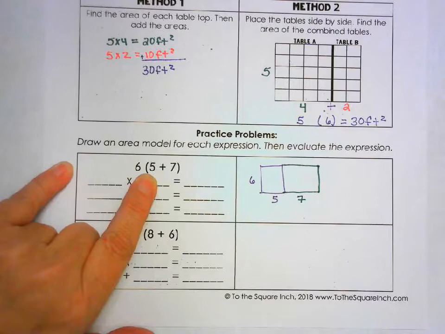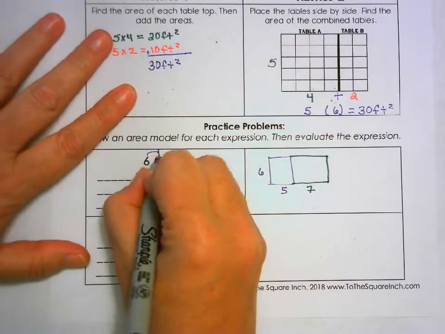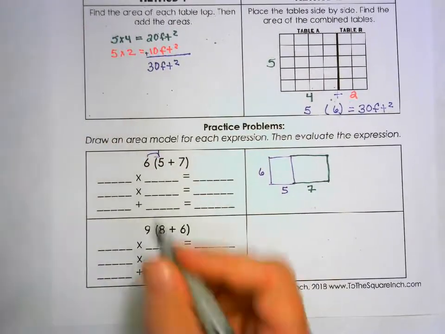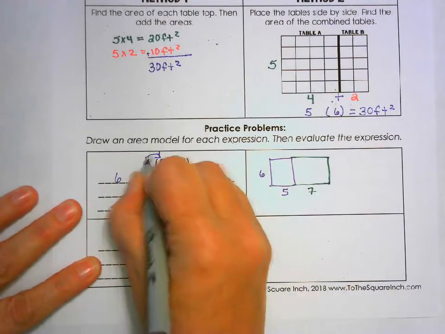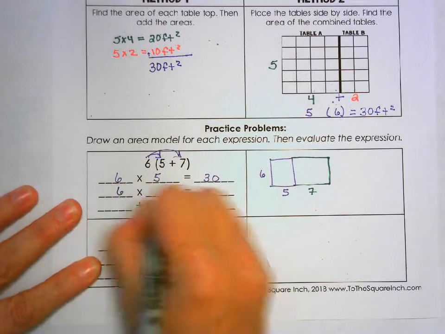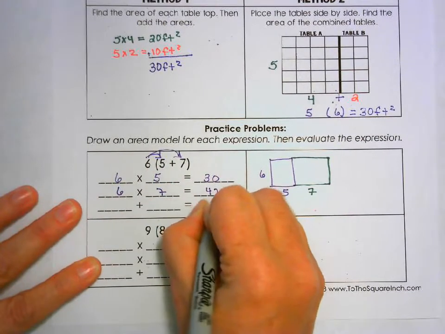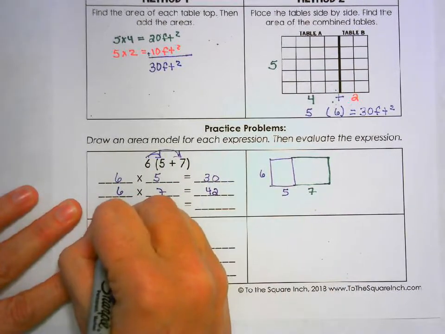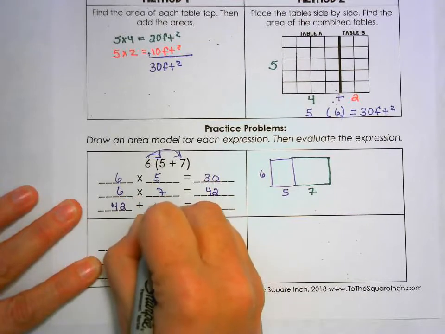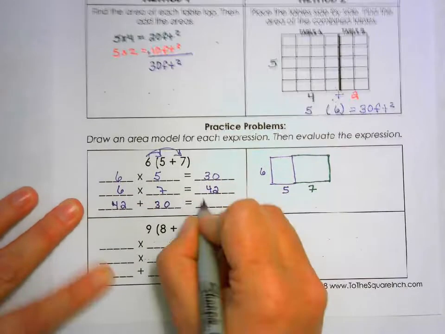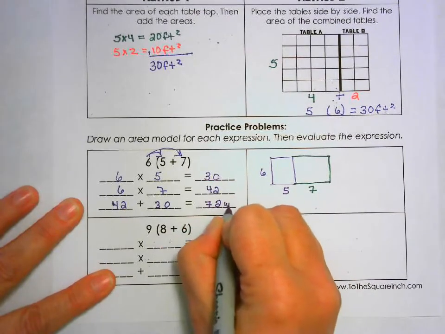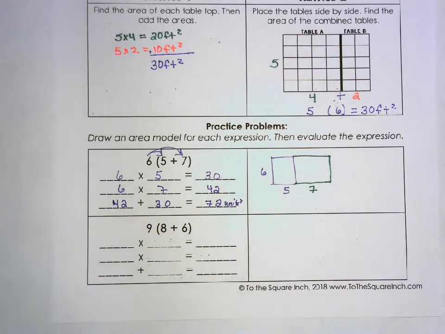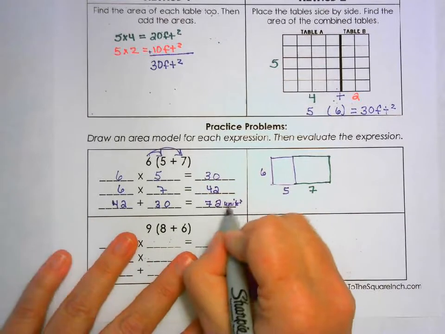If I use the math, I can use the distributive property and say 6 times 5 is 30. And 6 times 7 is 42. I can take those 2 numbers and I can say 42 plus 30 is 72 units squared, if that were an area.